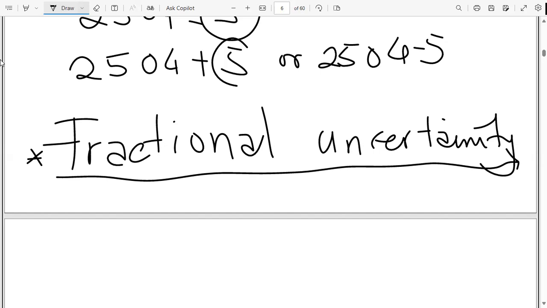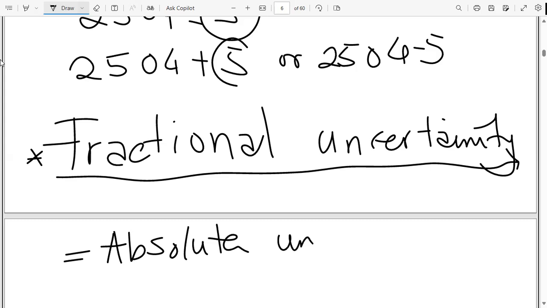It means we are getting the fraction of the absolute uncertainty that we had relative to the true reading that we're expecting. For example, this is equal to the absolute uncertainty divided by the measured value.